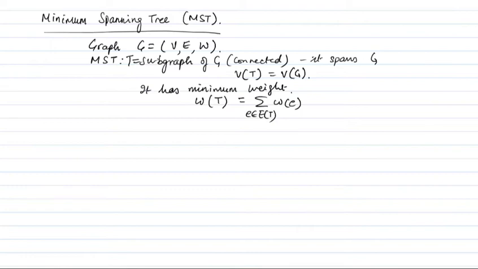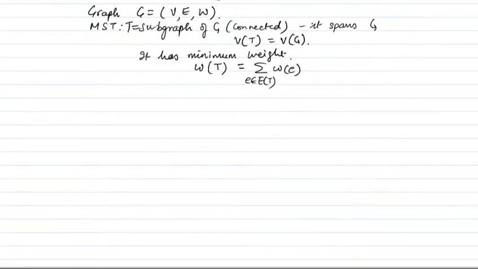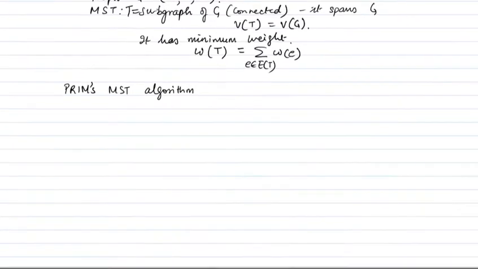Okay. The algorithm we are going to look at for parallelization is Prim's algorithm. So how does this algorithm work? Let's see that with an example. Let's consider a simple graph.